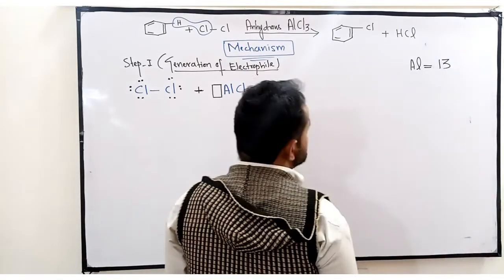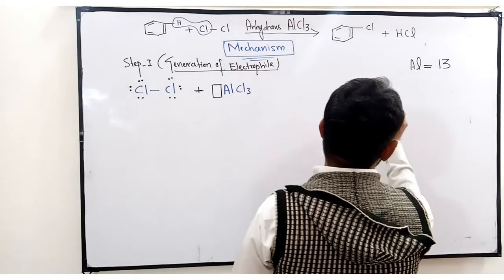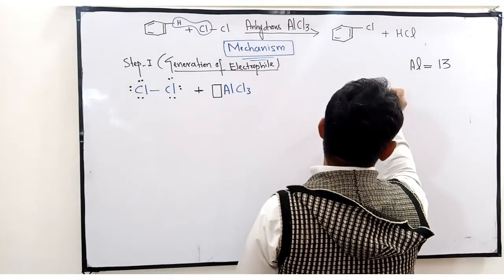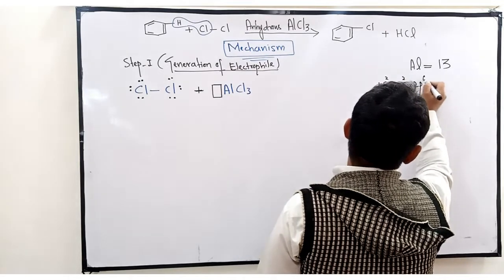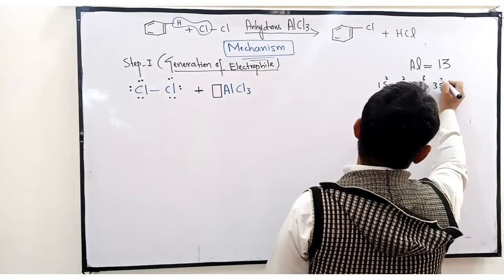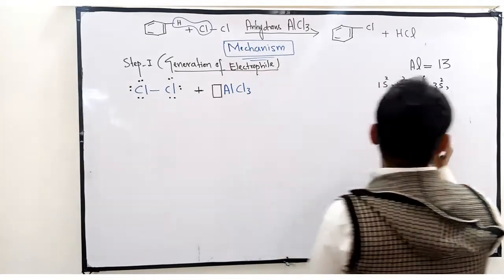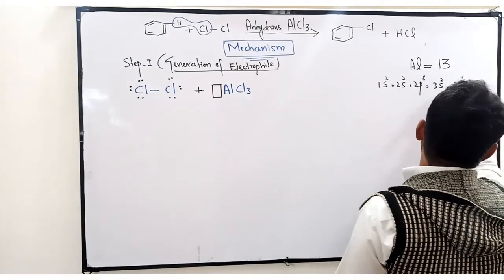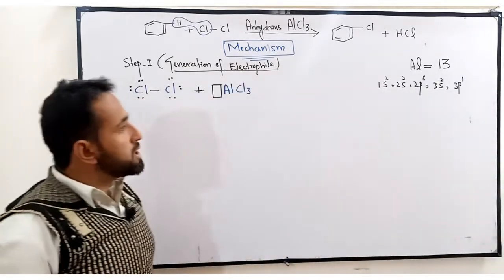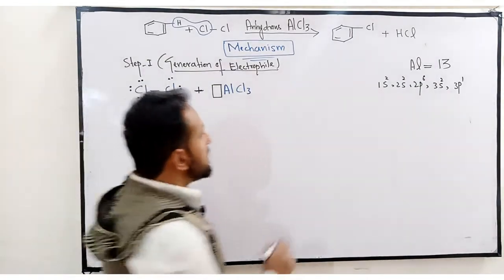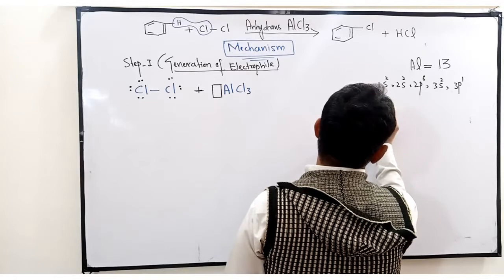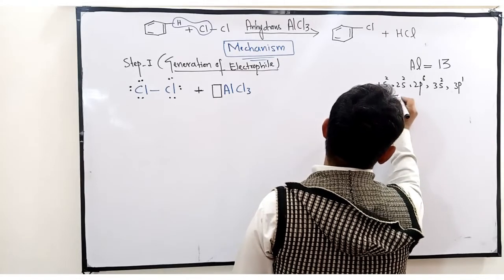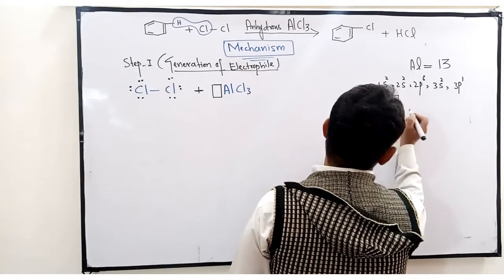13. Now if I write the electronic configuration of aluminum: 1s2, 2s2, 2p6, 3s2, 3p1. This is the electronic configuration of aluminum. If I write it in blocks, this is 1s and this is 2s.